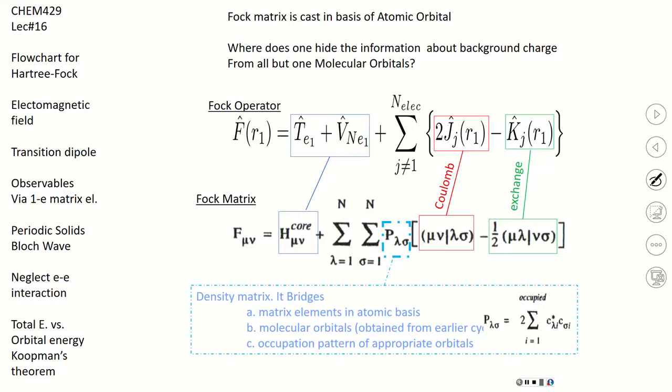But if you need interactions between two molecular orbitals, there are two sets of coefficients, right? And when you multiply these two sets of coefficients in a dyadic form, dyadic is opposite to scalar product. If you do a scalar product, you get a number. If you do a dyadic product, you get a matrix out of vectors.